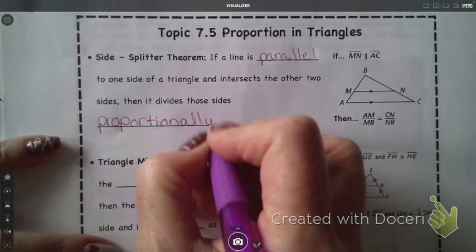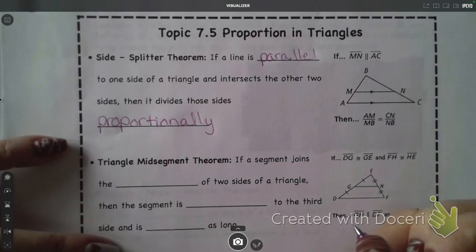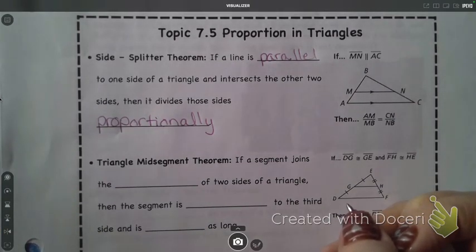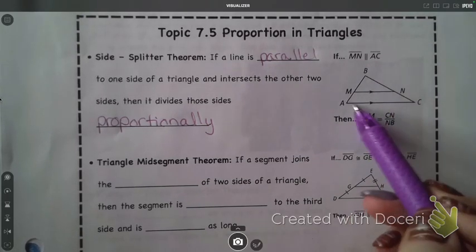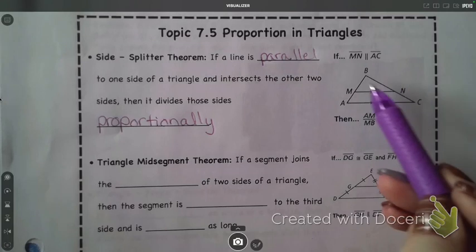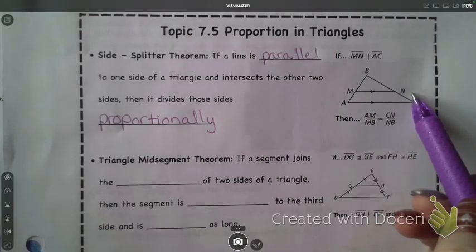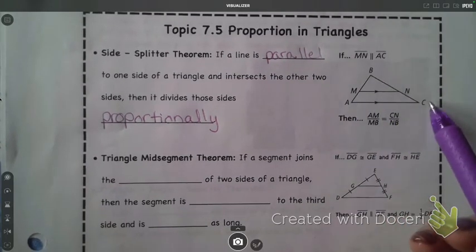So if it divides it proportionally, we can use proportions and ratios to solve it, yes? Which we've been doing for the last week and a half that we've been in school for 3 weeks, right? So my splitter is parallel to the bottom, yes? So that means this piece goes with this piece, and this piece goes with this piece, yes? Or this whole piece goes with this whole piece, just like we've been doing.